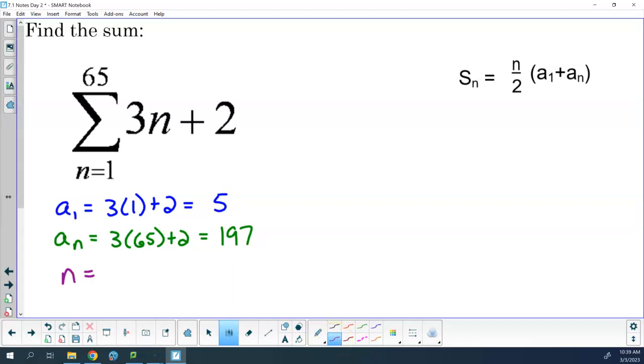How do I find the total number of terms? Nope. End minus start. End was 65 minus my start was 1 plus 1 gets me 65. So there are 65 terms.